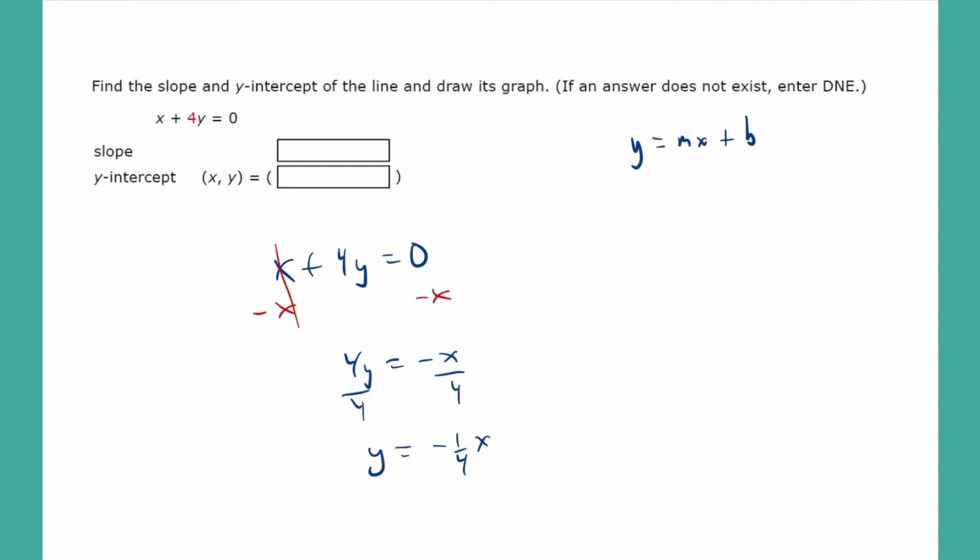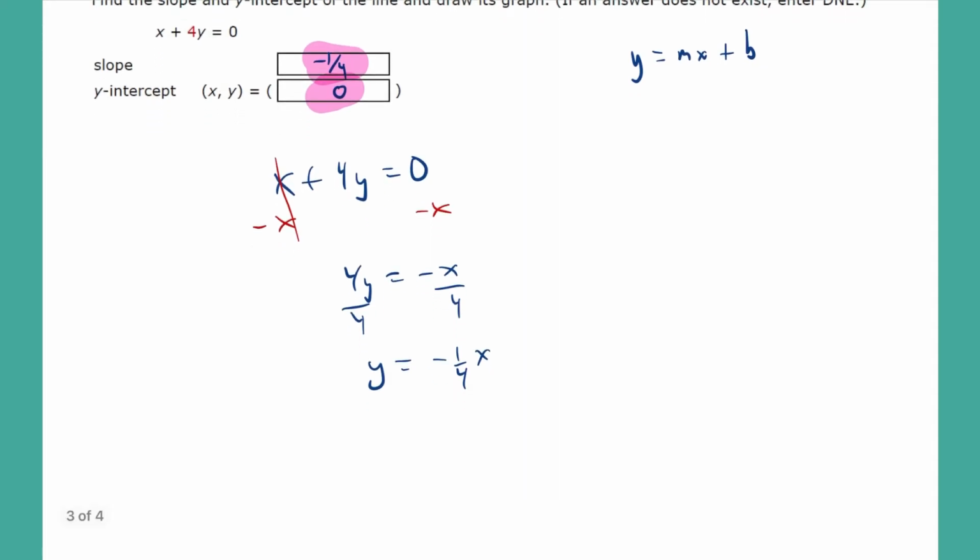So our slope is -1/4, and our y-intercept is 0. So those are the two things that we're asking for, and now they want us to graph. So let's draw the coordinate plane. So the slope is -1/4.